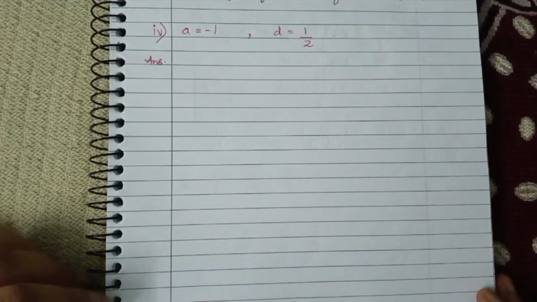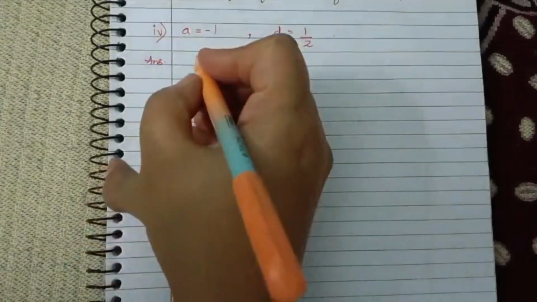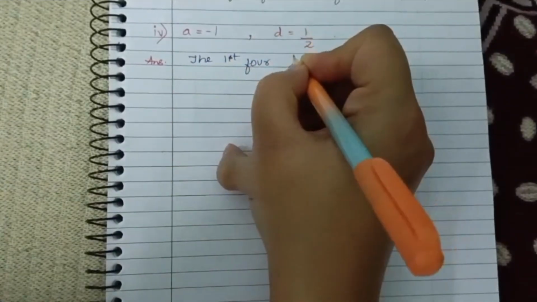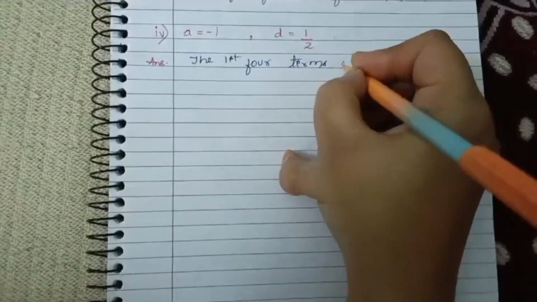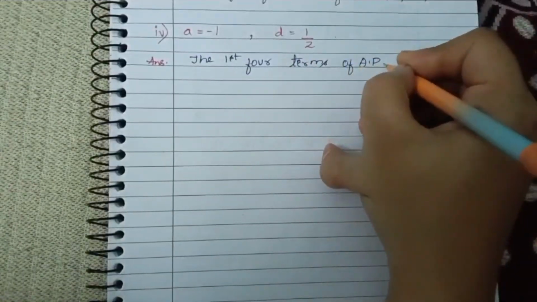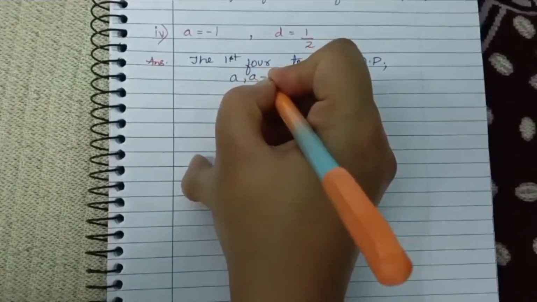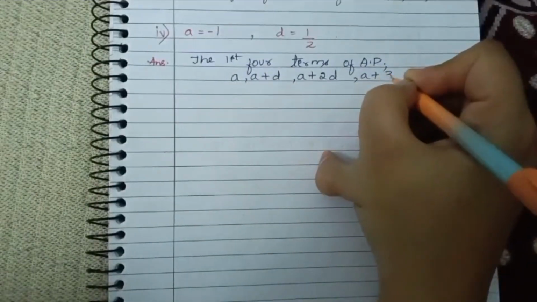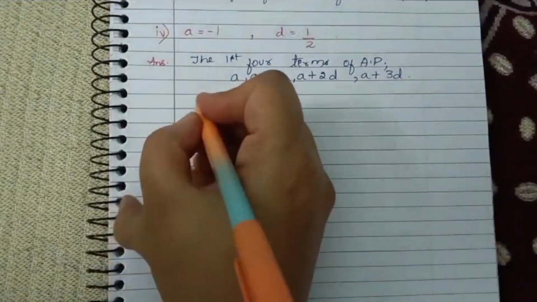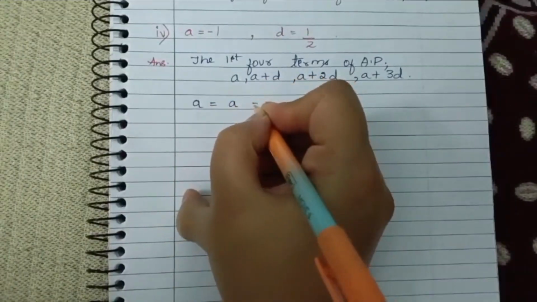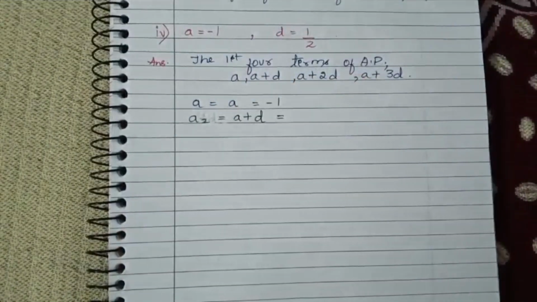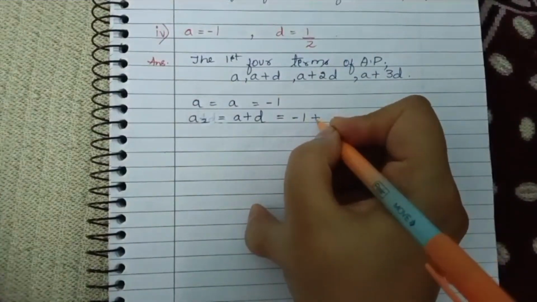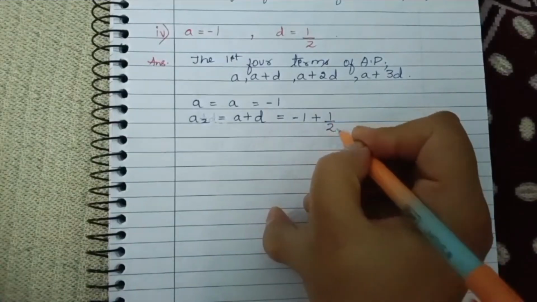Now here how we are going to do it is same. The first four terms of AP are A, A plus D, A plus 2D, A plus 3D. Okay. Now A is equal to A, so A value is minus 1. So A2 is equal to A plus D, that is minus 1 plus D value is 1 by 2.